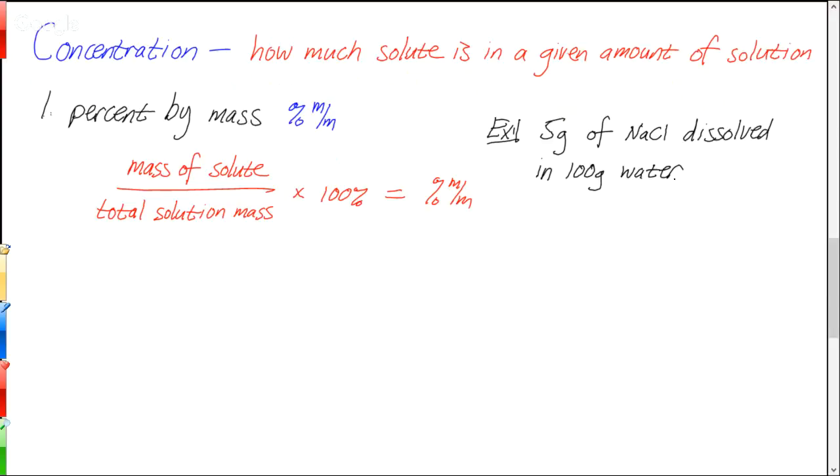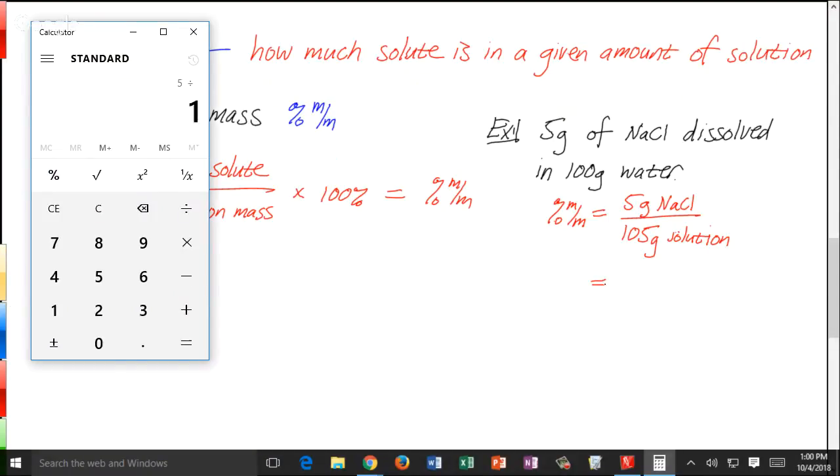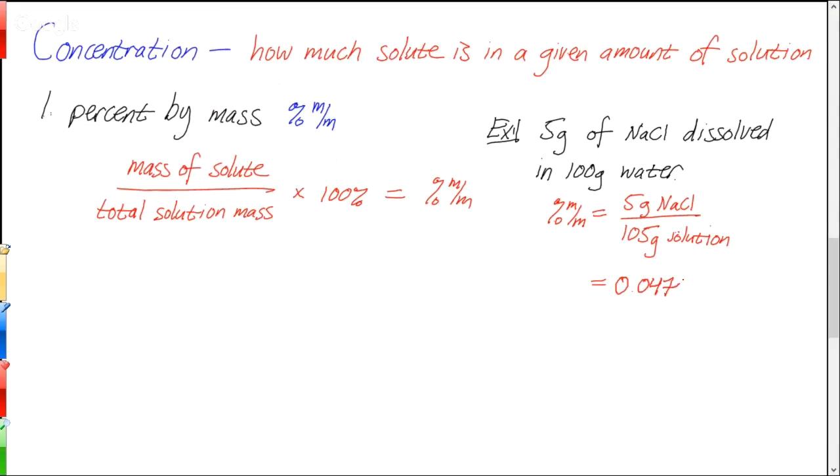So the way that you would solve that is you would say the percent by mass is 5 grams of solute divided by 105 grams of solution, the total mass of the whole solution. So 5 divided by 105 is 0.0476, or 4.76%.